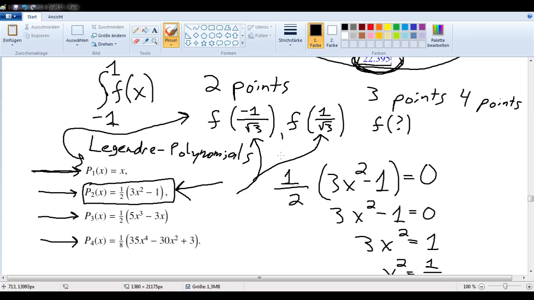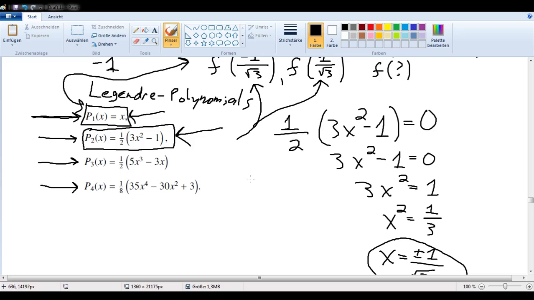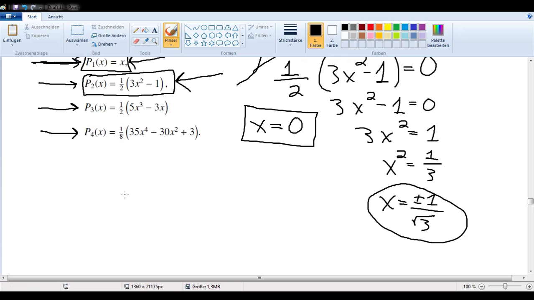Now, another interesting thing about these Legendre polynomials, if we take a look at P1: if we want to know the zeros of P1, of course we set x equal to 0, and x equals 0 is the zero. Now where have we seen that before? If you think about taking the integral of some function from -1 to 1 and using the midpoint rule, what is that midpoint?